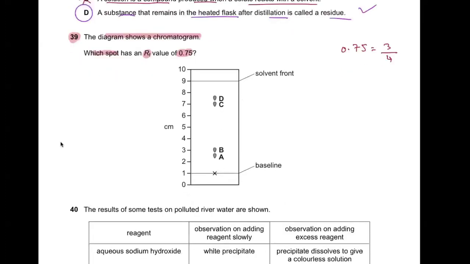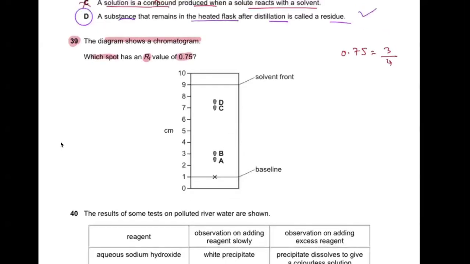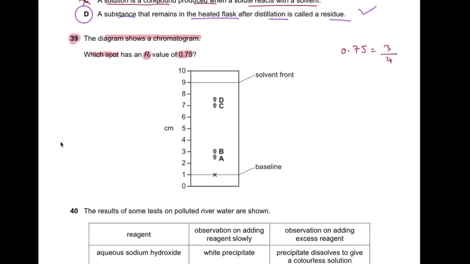So the total distance traveled is 9. Okay, so if 7 divided by 9, can anyone tell me the value? Is it 0.75? Yes.